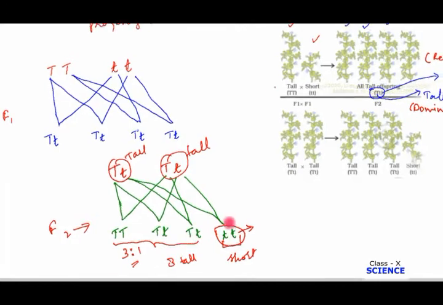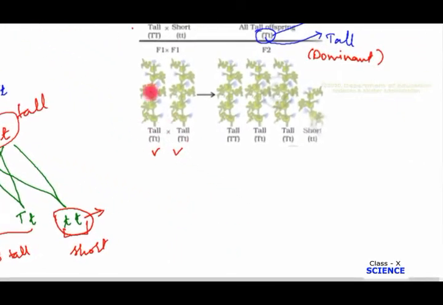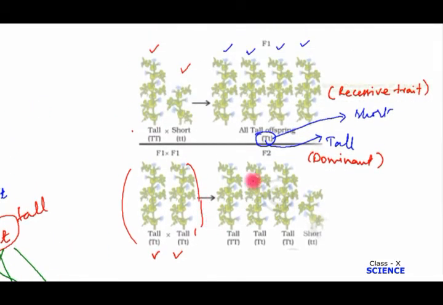So in all these cases, on the right side you can see capital T, small t, both are tall plants, right? But of the generation they produce, 3 plants we get tall, since the capital T, which is a dominant trait, gets expressed. So in 3 plants we get capital T as the dominant trait, so 3 tall plants we are getting.